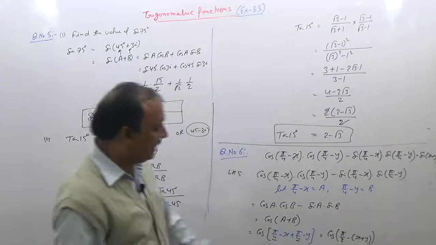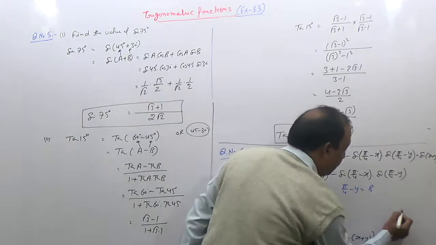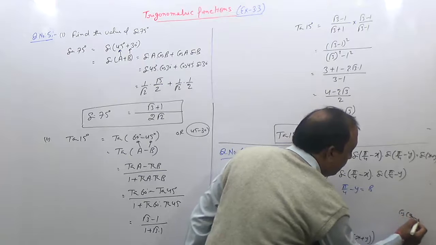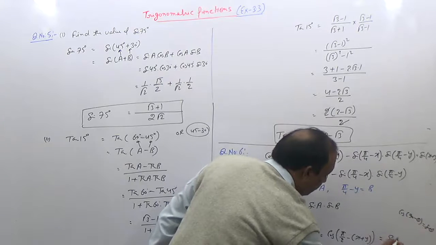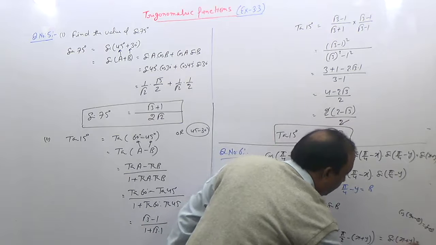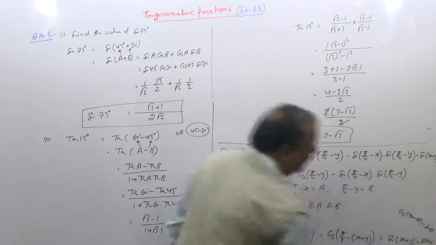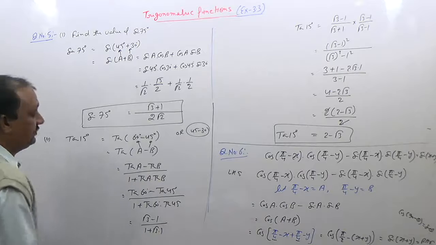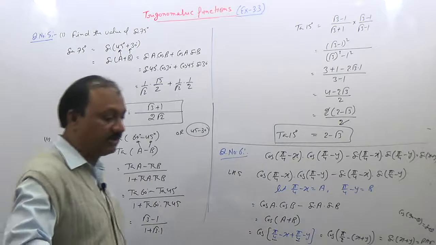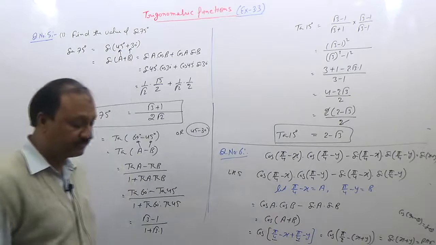Now we can read it as cos(90 minus theta), and cos(90 minus theta) is sin theta. So this becomes sin(x + y), which is equal to the right hand side. So this is the solution of question number 6.